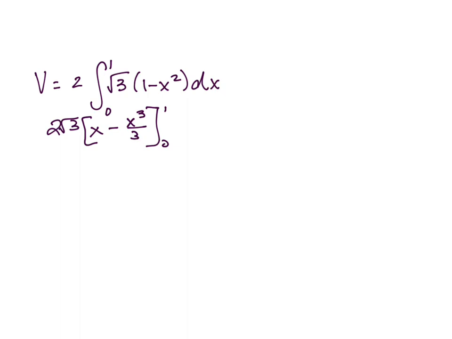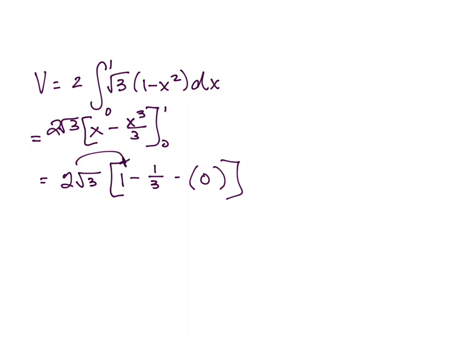This is getting nice. There y'all were, lost in the woods. Now we've come to rescue you. It's going to be 1 minus 1/3 minus, open parentheses, big fat 0. Thank you, symmetry. When I distribute this, that's going to be 2 square root 3 minus 2 square root 3 over 3.